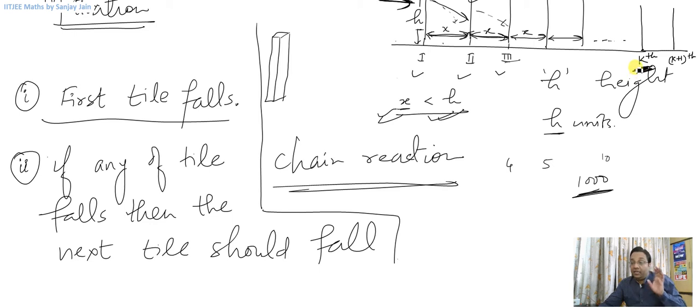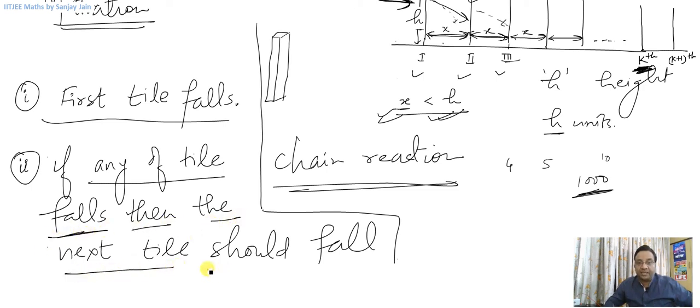Now I am making this statement: if the kth tile falls, then the k plus 1th tile will fall.